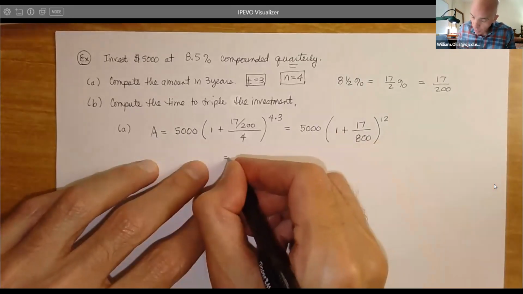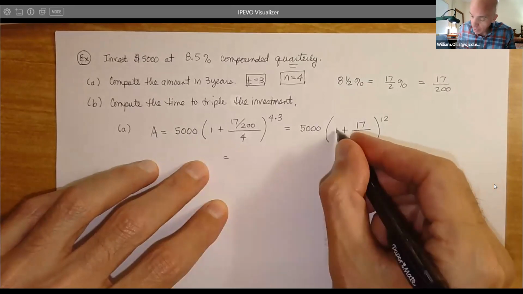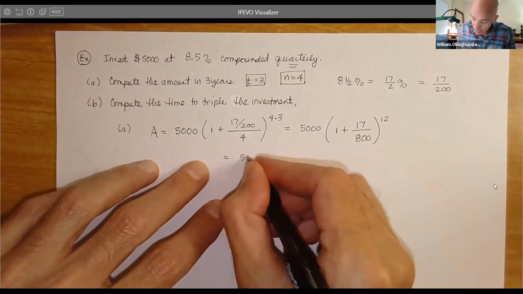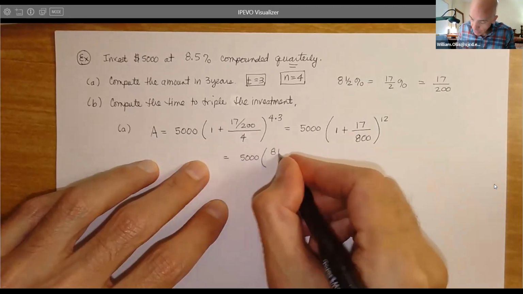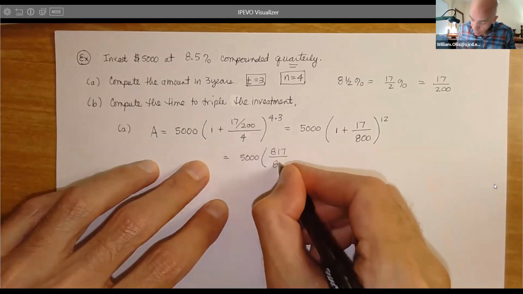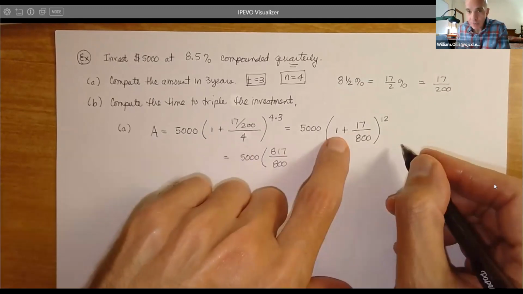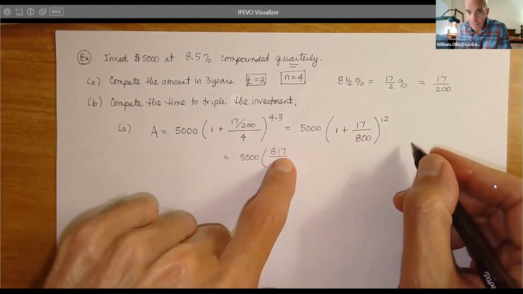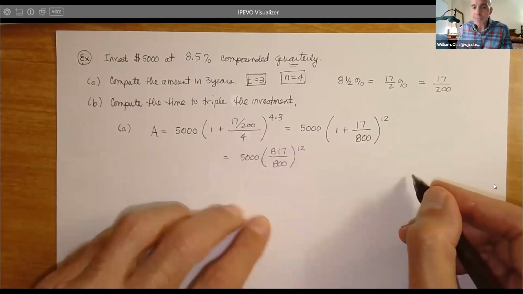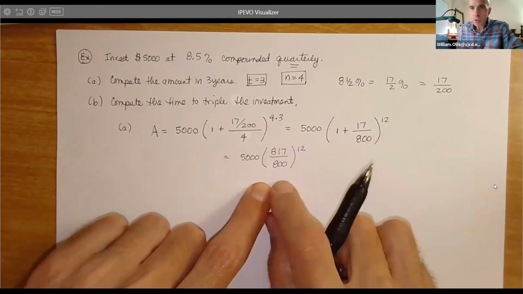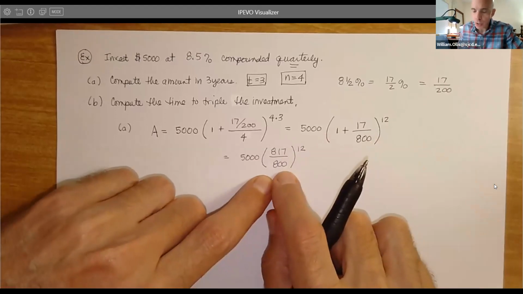And then we can add: 800 plus 17, so 5,817 over 800. When we get the common denominator, we have 800 plus 17, which gives us that number. And then we raise that to the 12th power. Now, this is exact. This is where I've already shown you how to use the Google calculator.